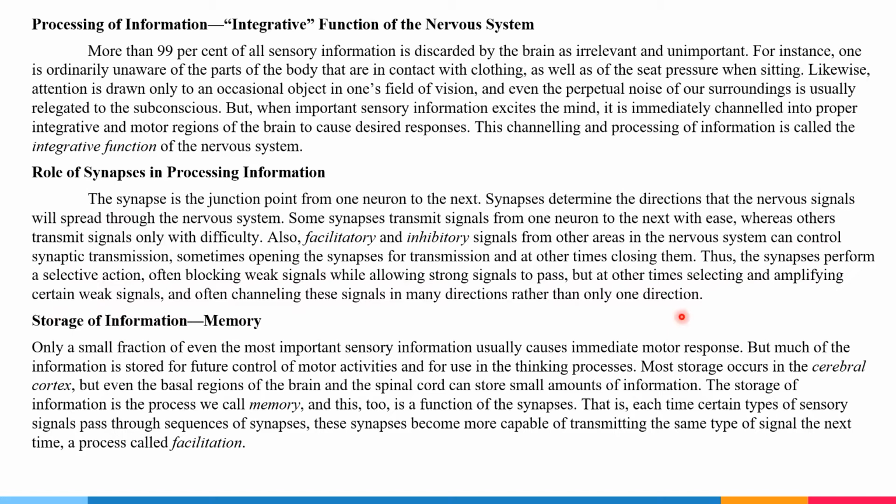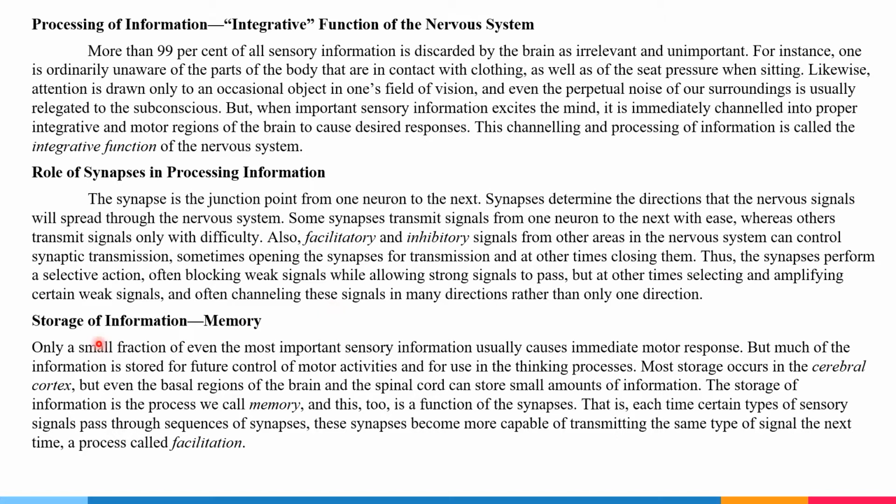Thus, the synapses can play a very important role in selecting and filtering the particular signals that will be passed through them, and thus can help in processing of specific important information while ignoring the overall stimulus that is received by the body.